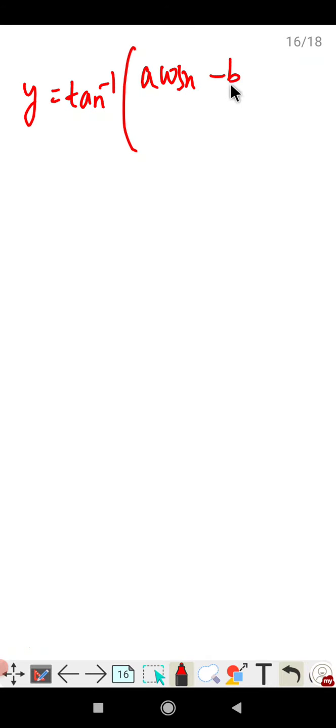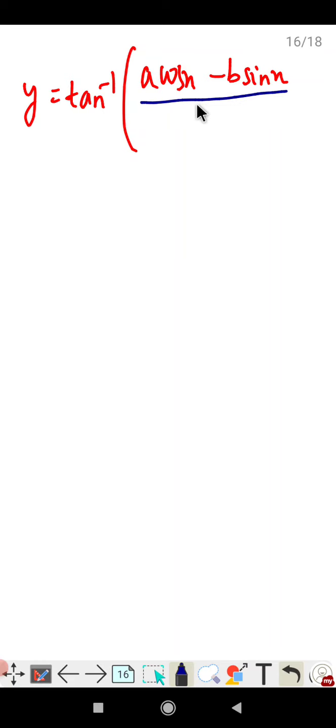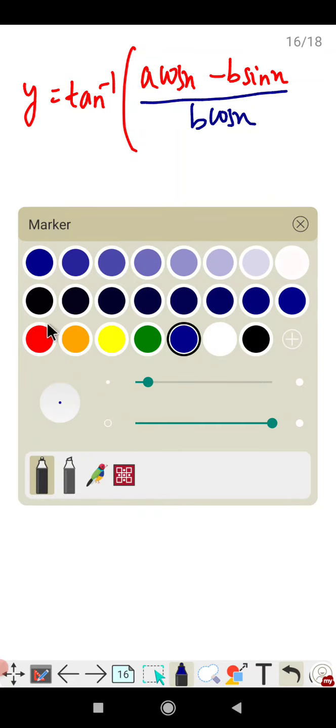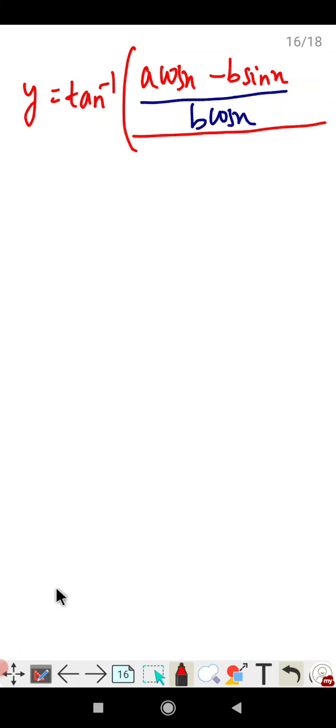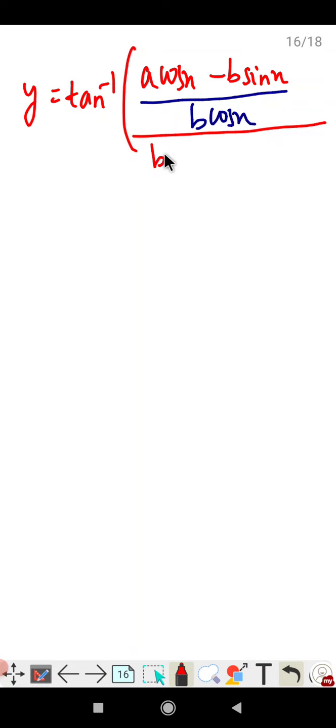Actually y is equal to tan inverse of a cos x minus b sin x divided by b cos x plus a sin x.